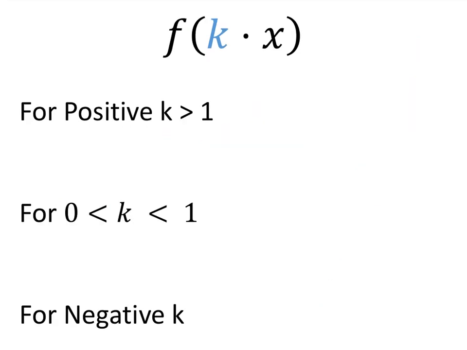And last but not least, when k is multiplied inside, this has a very similar relationship to what happens when k is multiplied in front, but this time everything happens with respect horizontally. So for positive k, when k is bigger than 1, it's a horizontal compression.